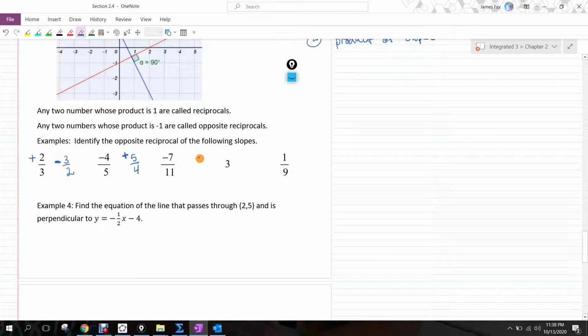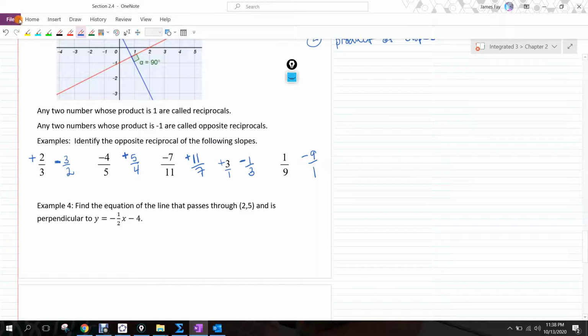Flip these, I get 11/7. This was negative, so this would be positive. This is 3/1, so its reciprocal would be 1/3, and it's got to be negative, because that one was positive. This one is 1/9. This would be -9.